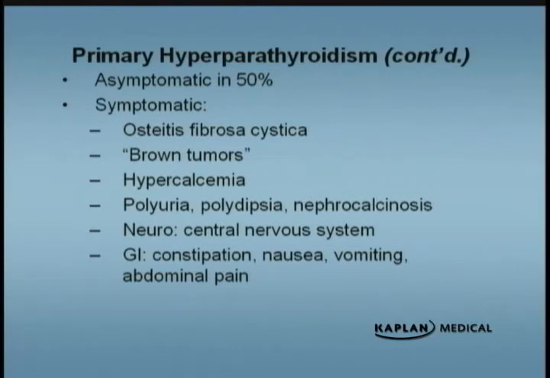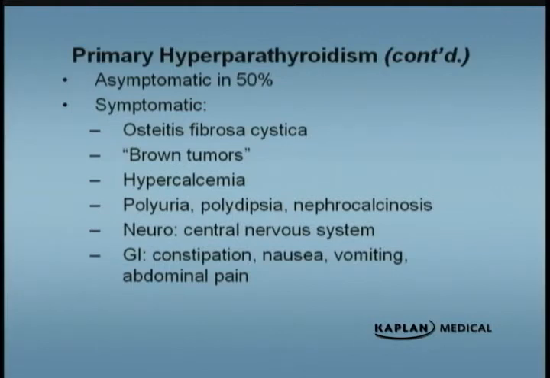Primary hyperparathyroidism, I told you, in about 50% of the cases, these patients have no symptoms at all. They're totally asymptomatic, so these patients are discovered incidentally. Somebody gets a comprehensive panel or a metabolic panel and notes that this patient has hypercalcemia and then investigates it and finds that the patient has primary hyperparathyroidism.